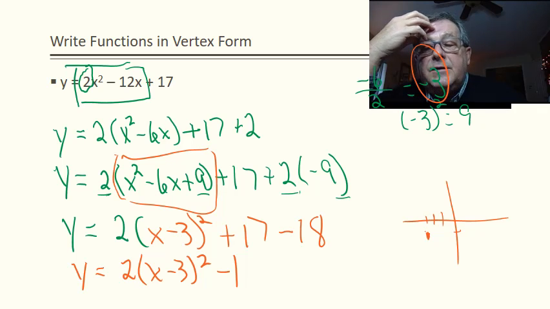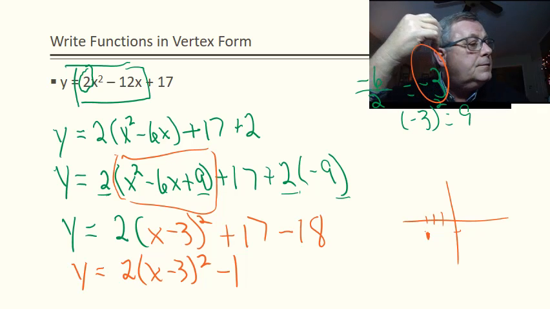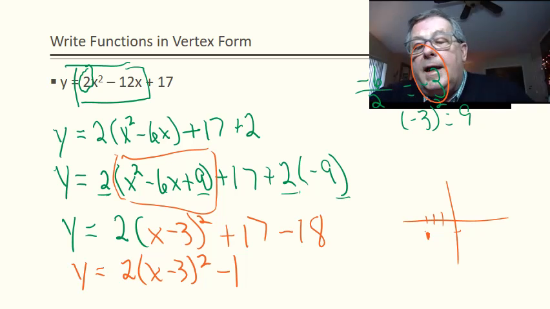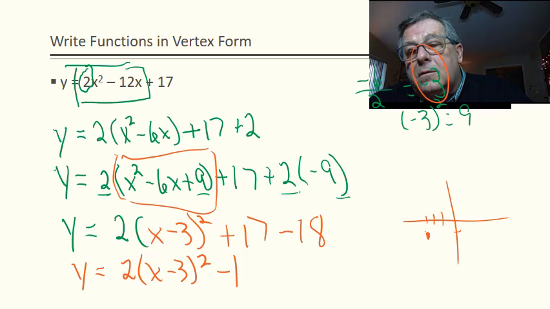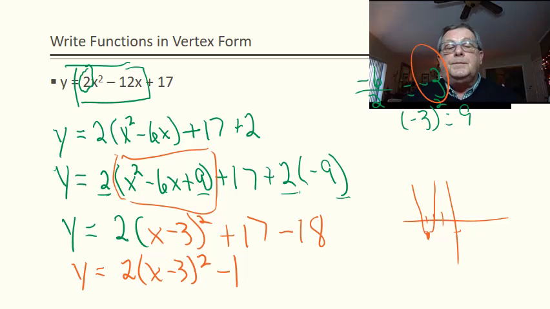I've got a positive coefficient of 2, and it's going to tell me how I'm going to open up that parabola. And so my graph is probably going to look something like this. Okay, there we go.